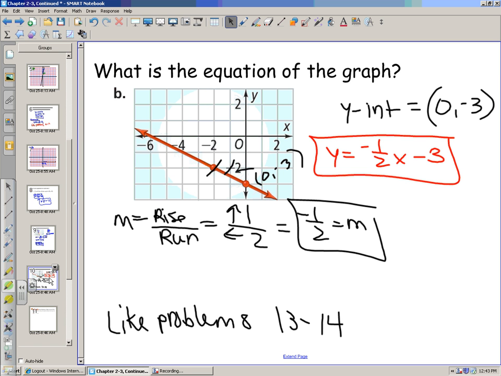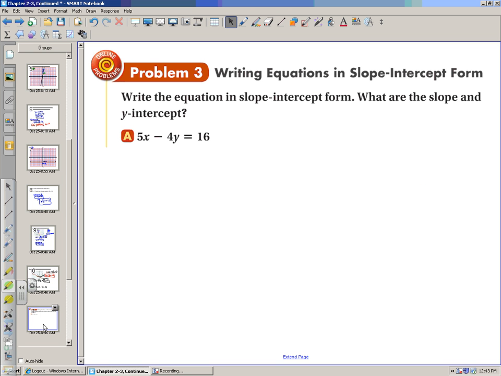Okay, now for the hard part. You ready? The directions say, write the equation in slope-intercept form. What does that mean? If it says to write it in slope-intercept form, I need to get y all by itself, which means I am solving for y.